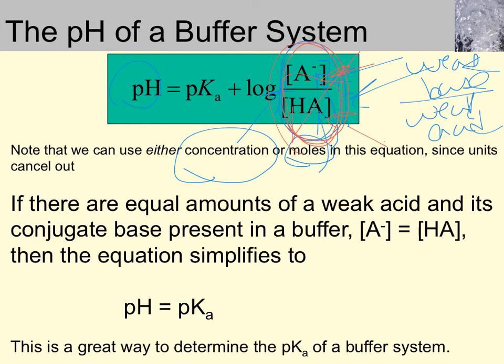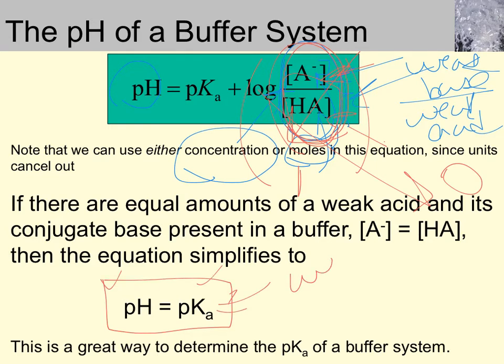Well, anytime this ratio equals 1, then of course log of 1 equals 0, and your Henderson-Hasselbalch equation simplifies to pH equals pKa of the weak acid you have used to make up the buffer system. That's a really good way to find out what the pKa of a system is: make the concentrations of the weak acid and weak base the same, and then measure pH. That will automatically give you pKa.